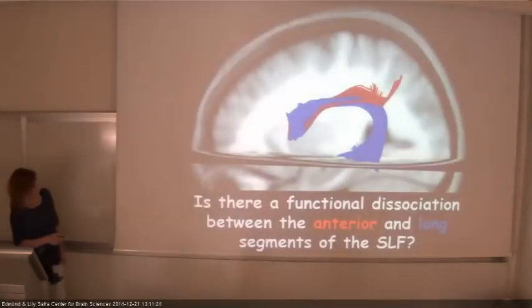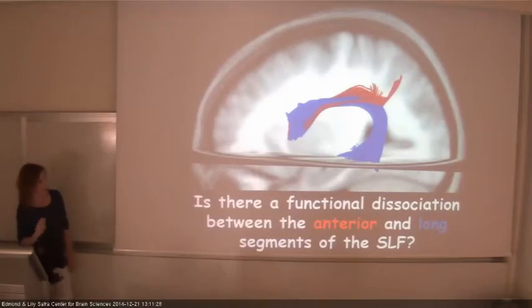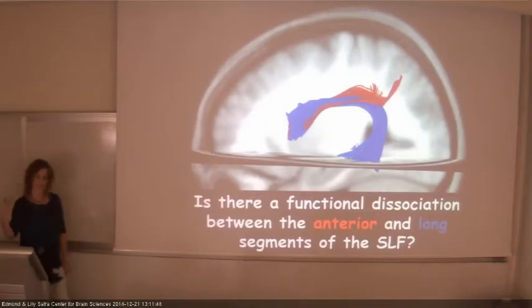Okay, and I already showed you that the temporal segment is related to phonological properties of the kids. I can tell you that when we looked at the frontoparietal segment, there was no significant correlation. Neither when we looked at the right hemisphere. The connections in the right hemisphere did not correlate with phonology as well.